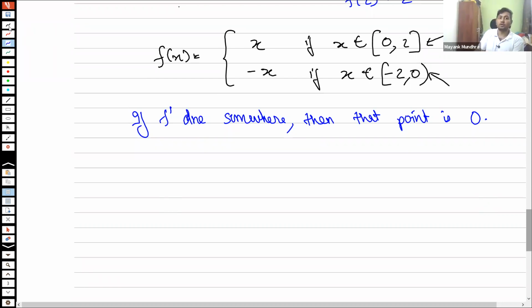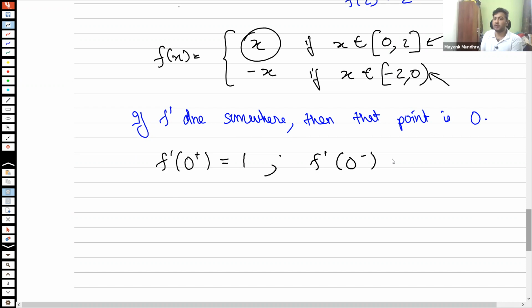How do I check at 0? f prime at 0 plus is going to be the derivative of this part, which is 1, and f prime at 0 minus is equal to the derivative of this part, which is minus 1.